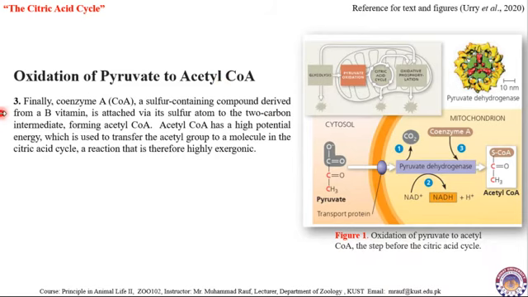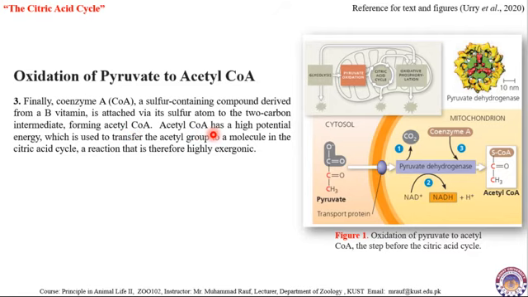Now in the third step, coenzyme A, a sulfur containing compound derived from a B vitamin, is attached via its sulfur atom to the 2 carbon intermediate, forming acetyl coenzyme A. So now this molecule can enter into the Krebs cycle.